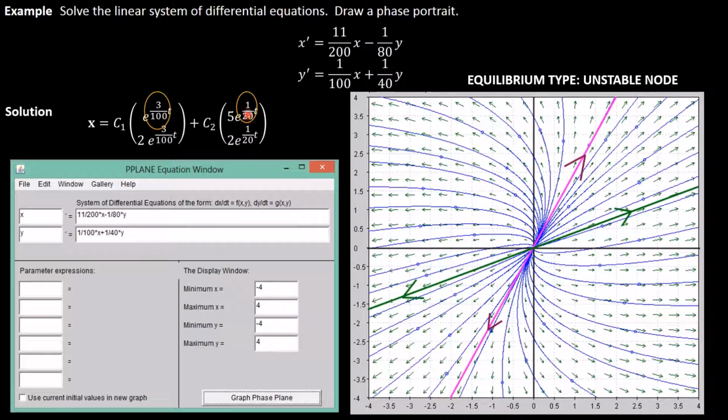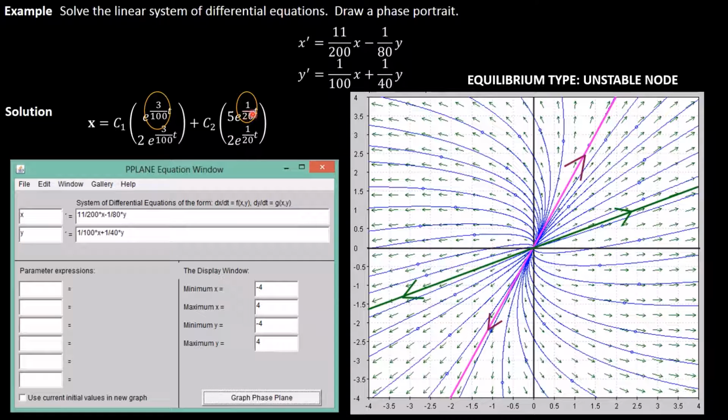This eigenvalue is dominant over this eigenvalue, meaning if you take a large value of t, like t equals 500, to be clear, both of these vectors are going to be immeasurably huge if you plug in t equals 500.